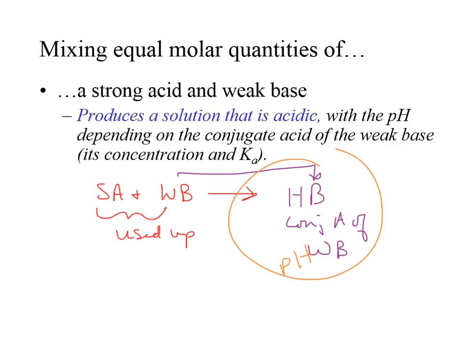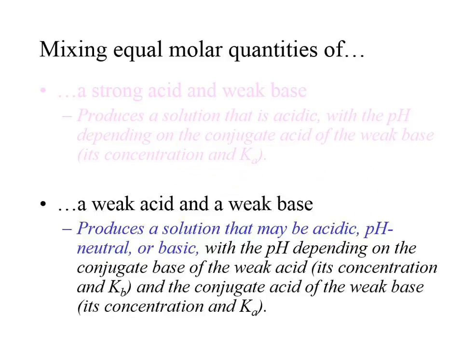And last but not least, the fourth scenario was what if you have weak both? What if you have a weak acid and a weak base? We aren't going to be addressing these specifically because it's kind of a mixed bag. The K of your reaction is probably kind of small because your Ka and your Kb are both kind of small.